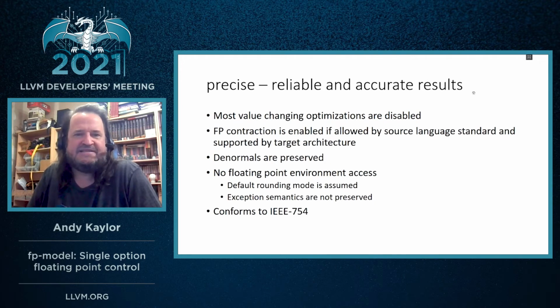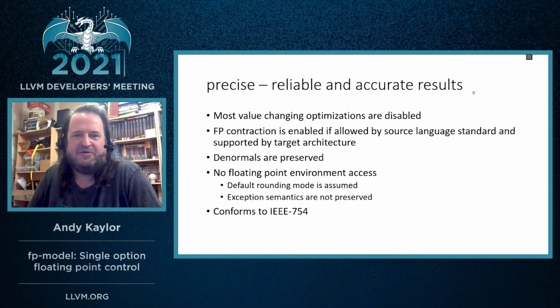The first model is the precise model. This is typically the default for compilers and is used when you want reliable and accurate results. The primary feature of this model is that most value changing optimizations are disabled, so all of the fastmath flags are cleared.